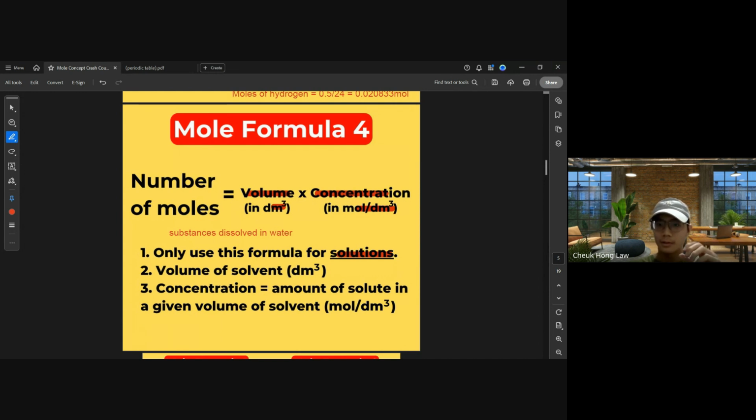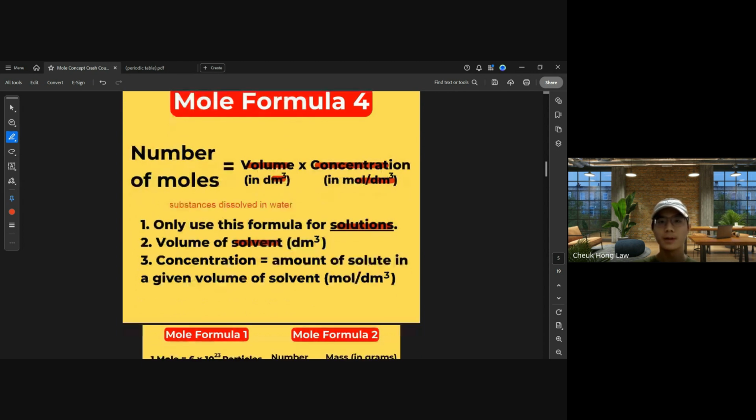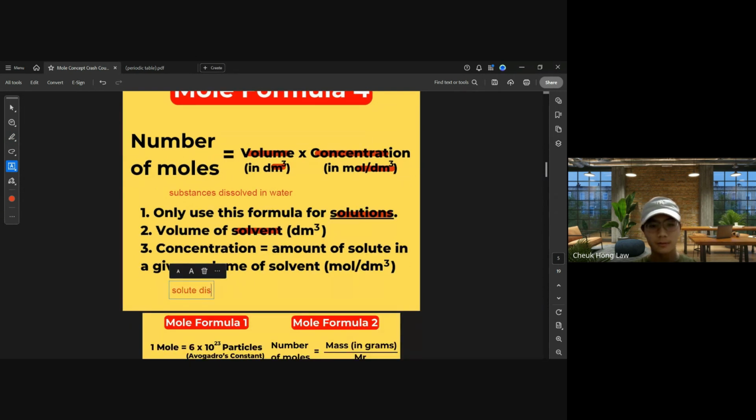Okay. So the volume of the solvent, which is usually water, is in dm cube. Okay, the volume is in dm cube. Then the concentration equals the amount of solute in the given amount of volume. So the solute is what dissolves. The solute dissolves in the solvent.